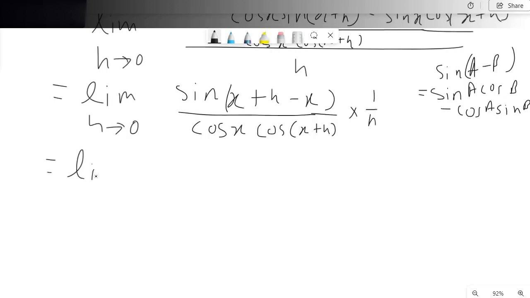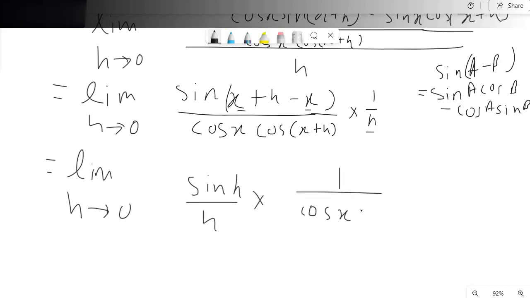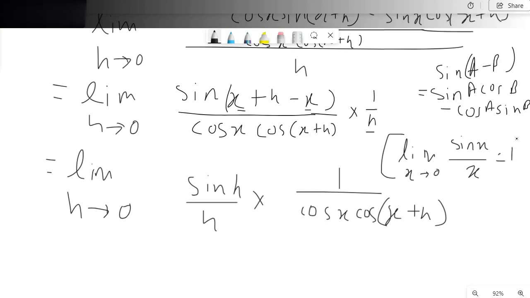So continuing with our working, we have limit of h tends to 0. Simplifying this, we have only sine h divided by h, which is this term, multiplied with 1 by cos x multiplied with cos x plus h. So if you remember one of the most important limits in calculus, that limit of x tends to 0, sine x divided by x will be equal to 1.